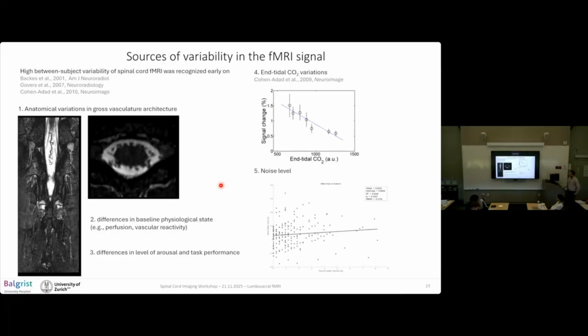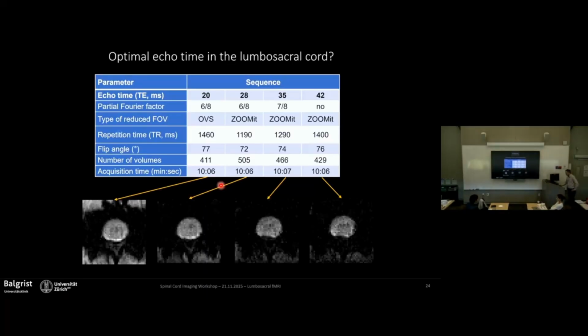We also looked at whether the data quality is somehow related to the BOLD signal change. Here we fitted a linear fit across 100 runs, and for each run we computed the percent of outlier volumes as a metric of general data quality, but we did not find any significant relationship between the data quality and the BOLD effect size.